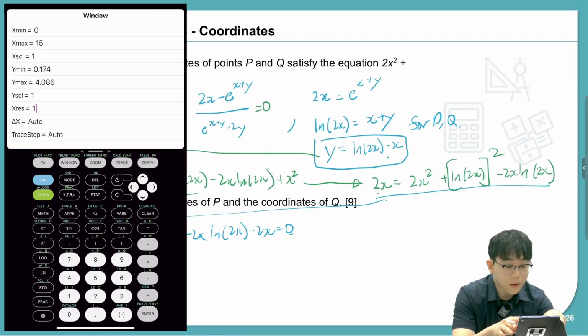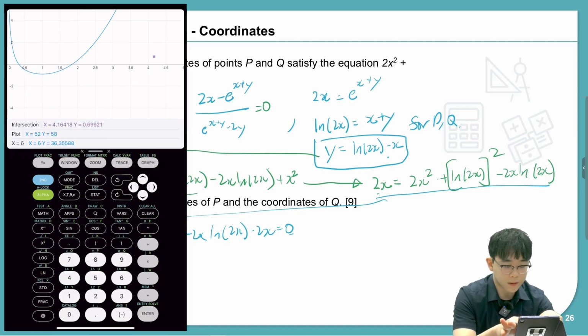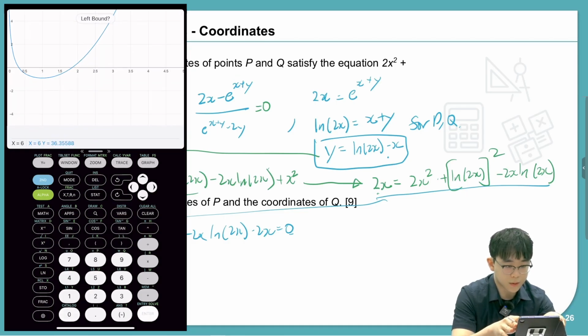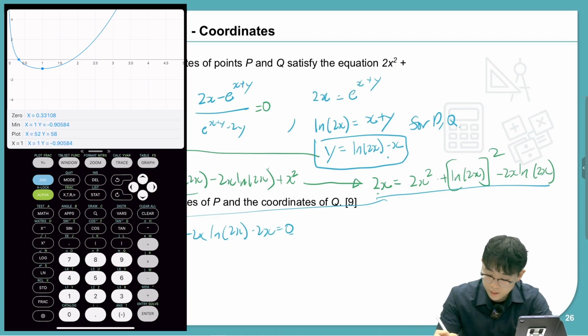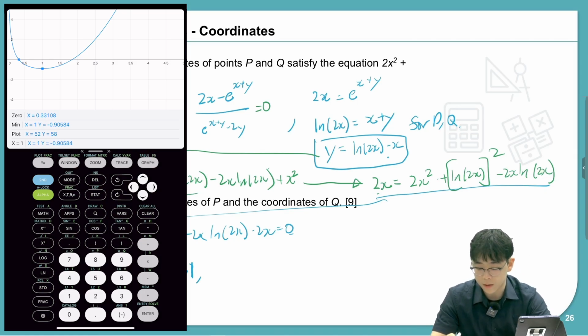So I kind of want to zoom in on the x, so maybe I'll do from 0 to 5 maybe. And then I want to see the negatives. Yep, so if I go to second trace zero, I would get 0.331. So 0.331, and I would just put this x value into this original equation here.